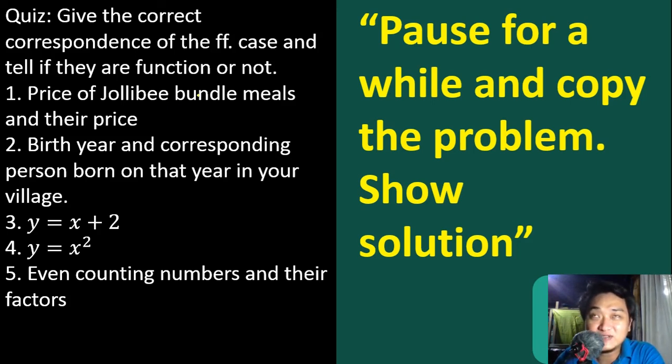So meron lang tayong 3 klase ng correspondence, that is one-to-one, many-to-one, and one-to-many correspondence or relation. And then if it is a function, say or write function. If it is not a function, write not.